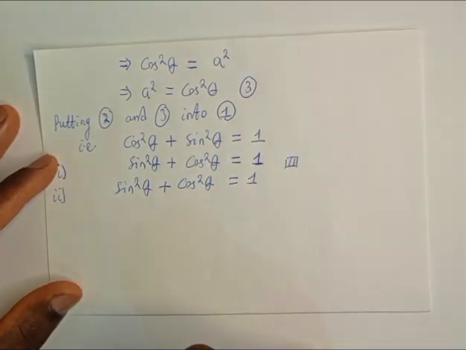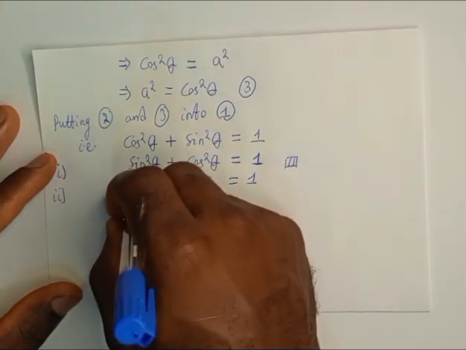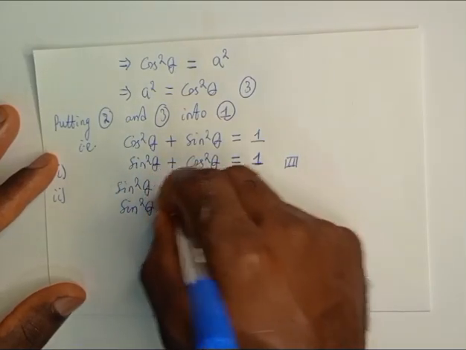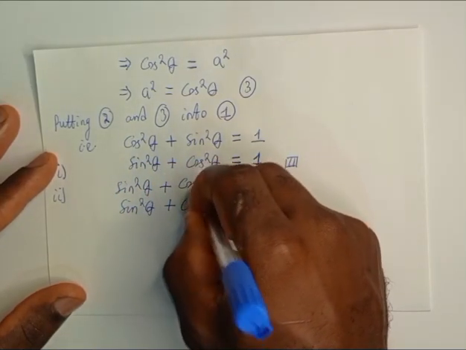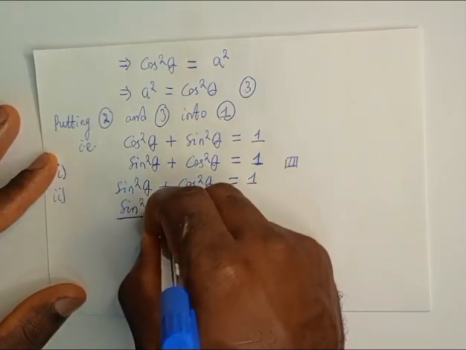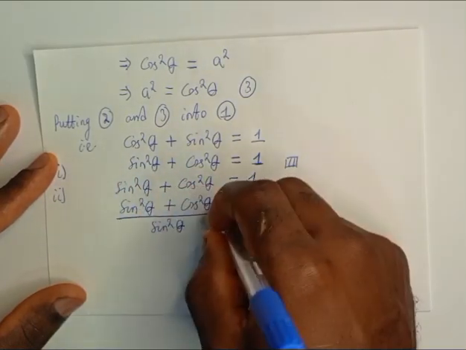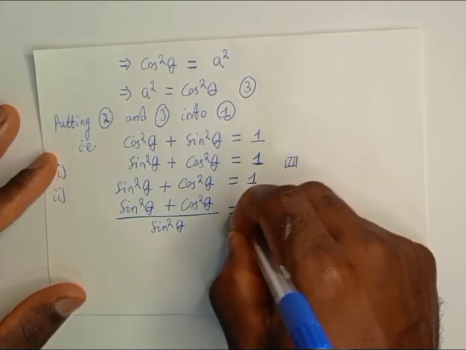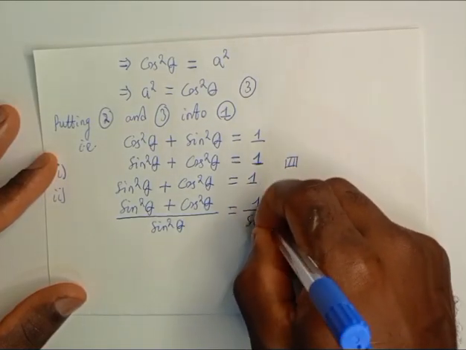We are going to divide all through by sin²θ. This will give us sin²θ plus cos²θ, all divided by sin²θ, equal to 1 divided by sin²θ.